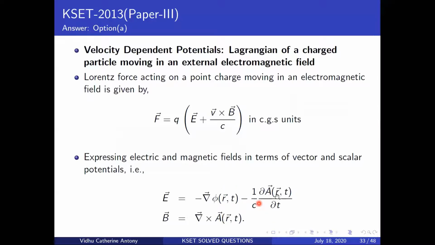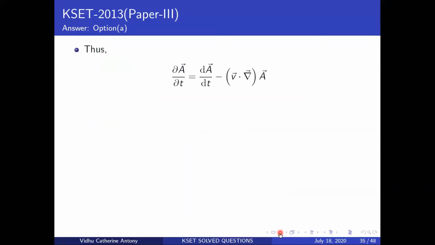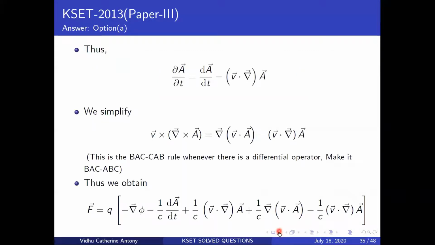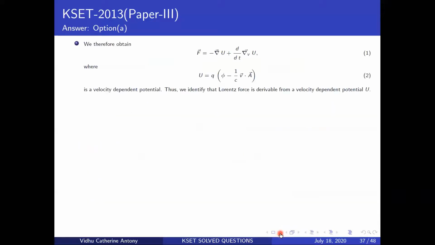Then you have your phi and your A, which are the scalar and vector potentials. Then you have to do a lot of calculation. You can read this through and check it out. Let me know if you understand it. If you don't, get back to me. I'll stop at where I can find the Lagrangian.